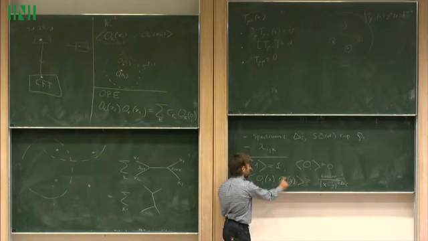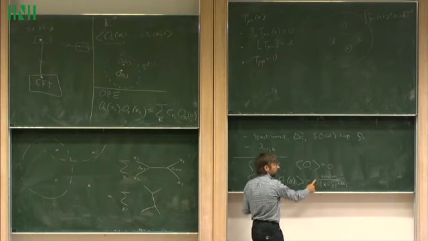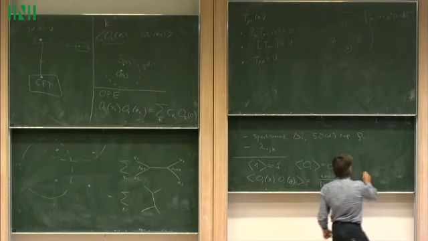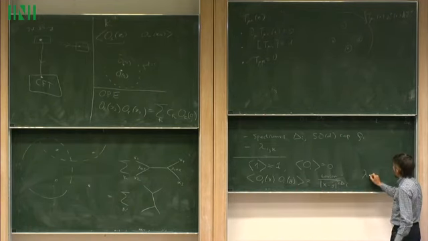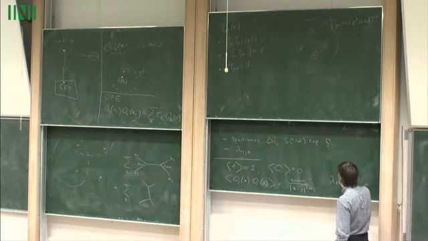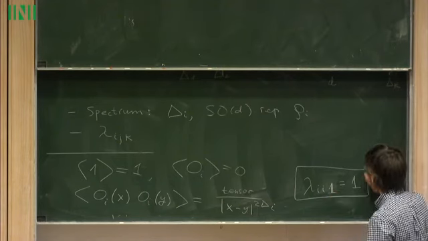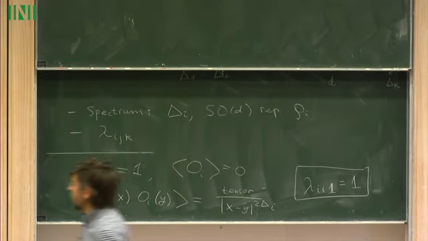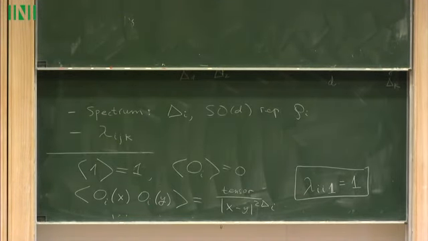The fact that I normalize the 2-point function to 1 means that the OPE coefficient lambda_{II1} is equal to 1. This is just a normalization condition. So let's consider here a 4-point function of 4 identical operators. Then in each side of this equation, there is one term that we know, which is the contribution of the unit operator, and a bunch of terms that we don't know, the contribution of everyone else.